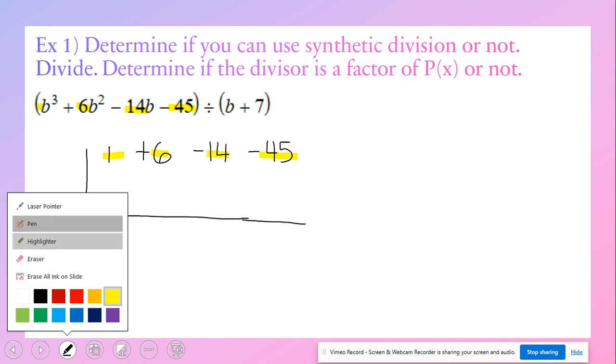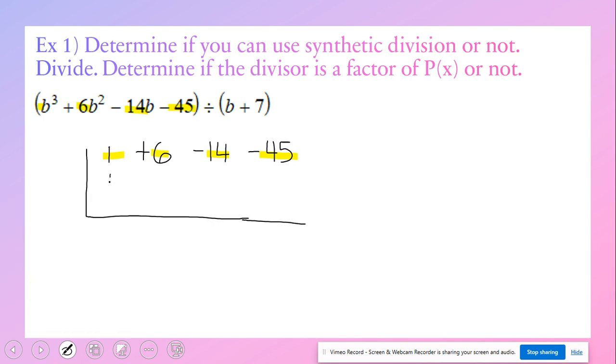One other thing, just to get in the habit, is there was this arrow that dropped down. So we're going to drop down that number first. Always, always, always. Then we noticed that whatever we were dividing by was the opposite sign. The opposite of positive 7 is negative 7, but I want to show you why.